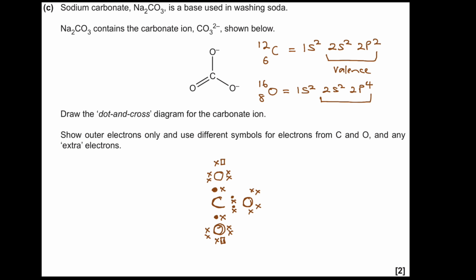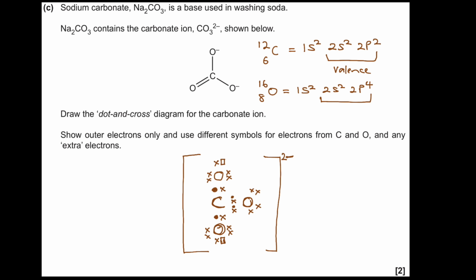If we count the number of electrons in that shell, it should be 8, 8, 8. And because it's got 1 extra electron there, 1 extra electron there, that's negative. So that means we have to put this in a square bracket like that to indicate a negative. So that's 2 minus, 1 for that and 1 for this one. If we count, it should be 8. 1, 2, 3, 4, 5, 6, 7, 8. That's correct.